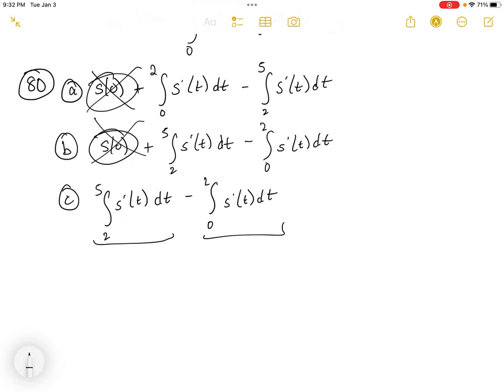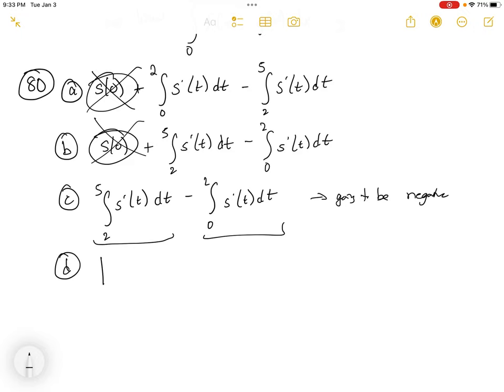We know s prime is going to be negative in this interval, it's going to be positive in this other interval. So this guy is going to be negative, and that is probably not going to be great. We probably didn't go a negative distance in that interval. Can't really go a negative distance.